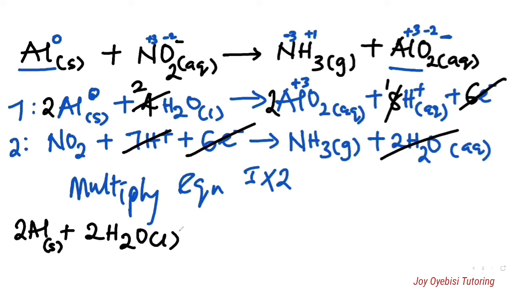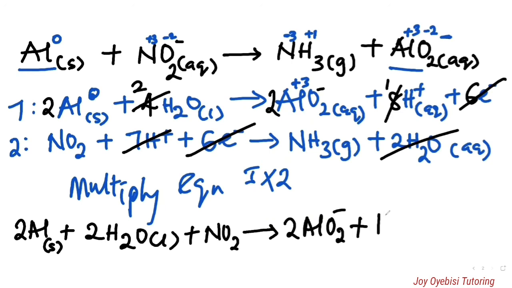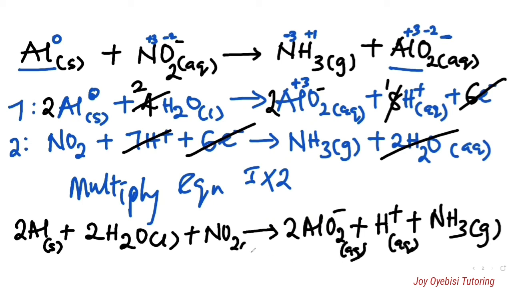This is going to be solid, plus NO2, and that is going to give me 2 AlO2 minus, plus H plus, NH3 gas. So this is the balanced redox reaction.